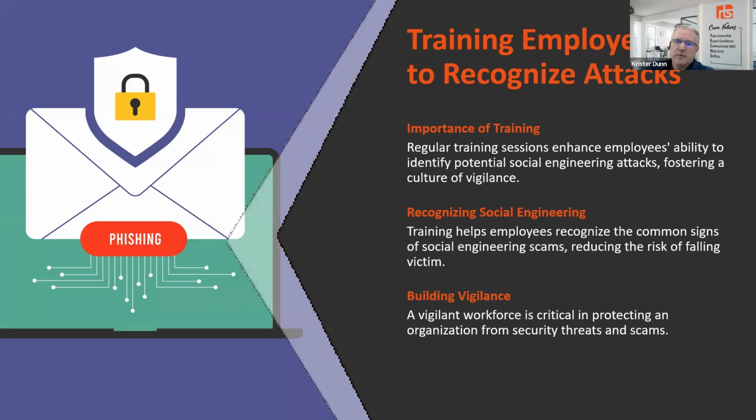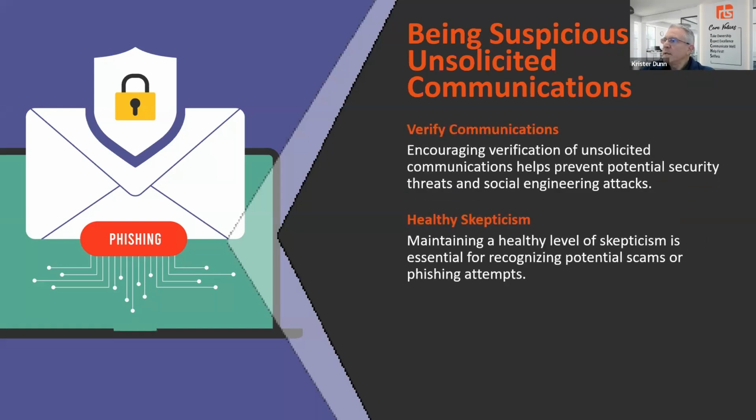There are services that will provide ongoing videos, usually maybe quarterly. You can find stuff out there online, recognizing social engineering, staying aware of the different scams that are out there, and just building that vigilant workforce that is going to really validate things before you even get to a problem.